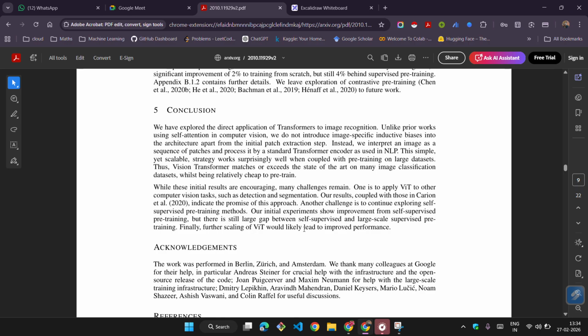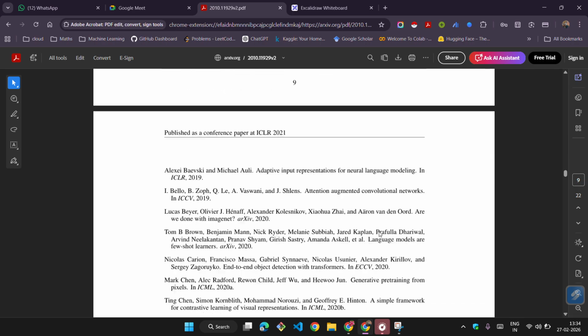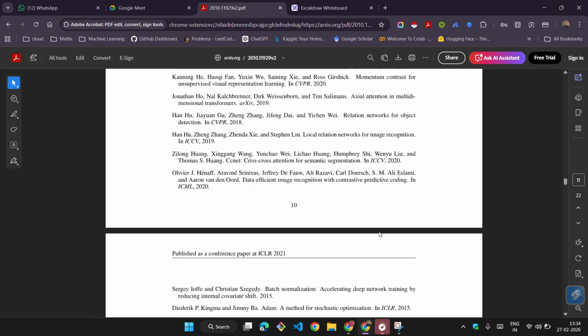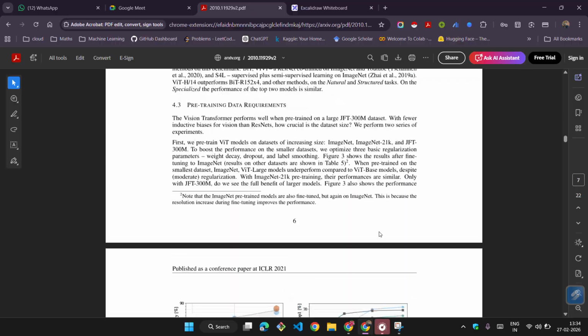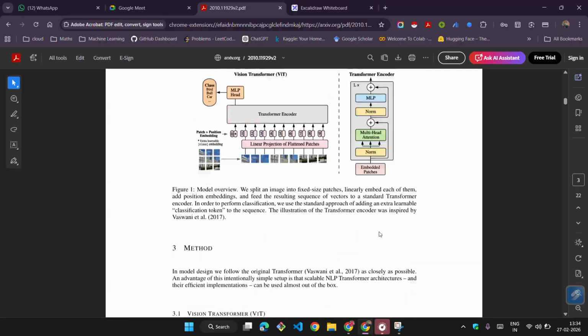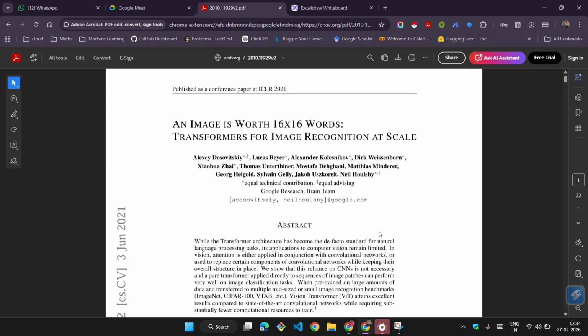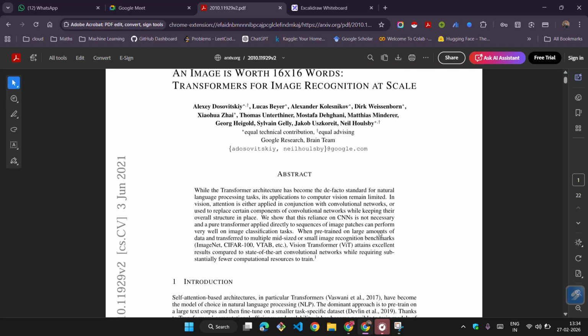Further scaling of ViT would likely lead to improved performance. So this is only it. There's no need of saying how ViTs are made from scratch and also how the mathematical operations are performed here, like how the shapes are modified or how the shapes are transformed from this matrix.